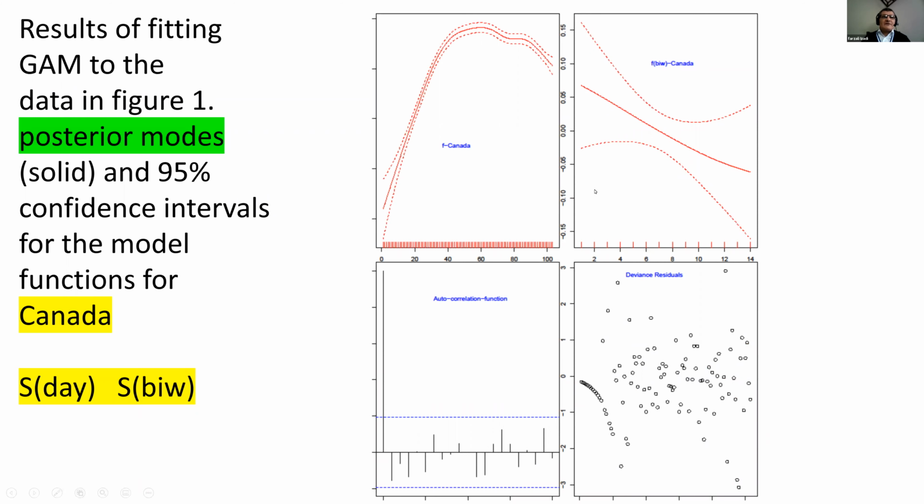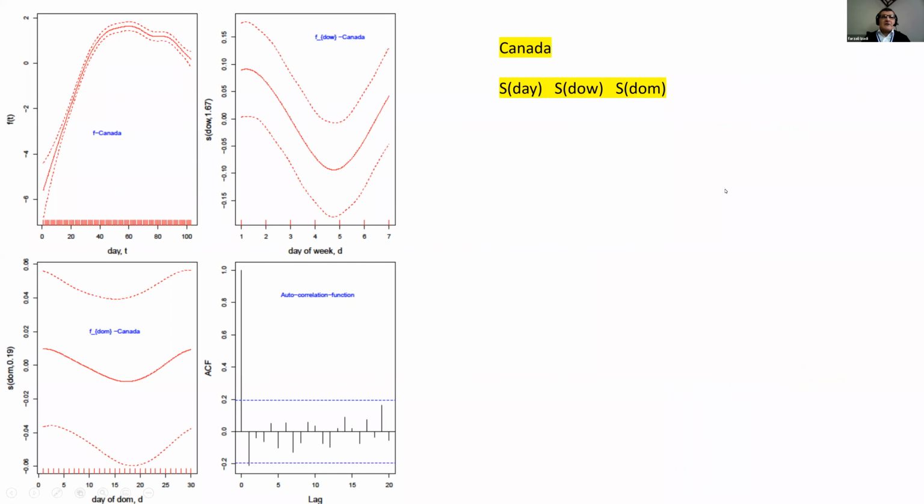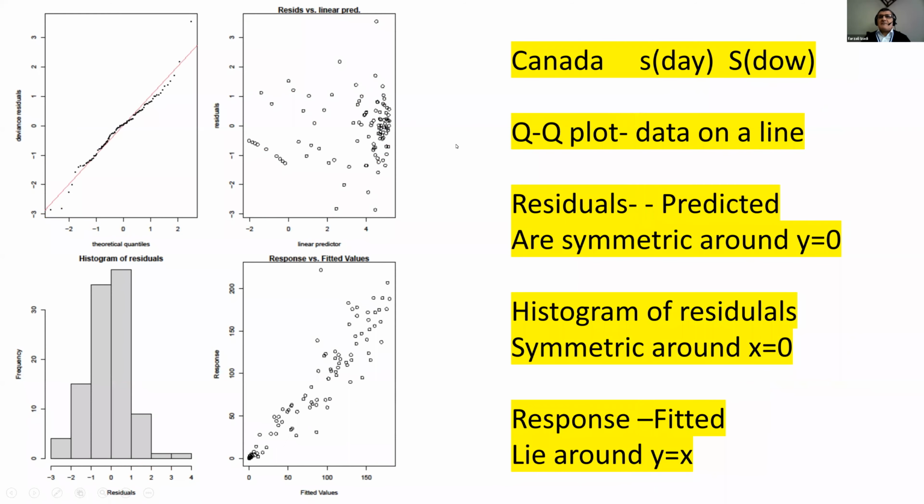We have the same for the Canada QQ plot. The top plot on the left is a QQ plot.